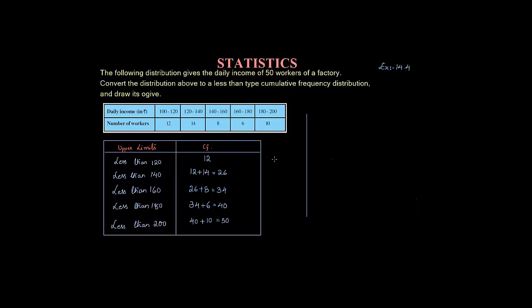Always when you are drawing the less than type of OGIVE or more than type of OGIVE, the x-axis will be the class interval, that is the upper limit for this. So draw the upper limit values on the x-axis, and the y-axis will be your cumulative frequency. On the x-axis, you can observe the values start from 120.